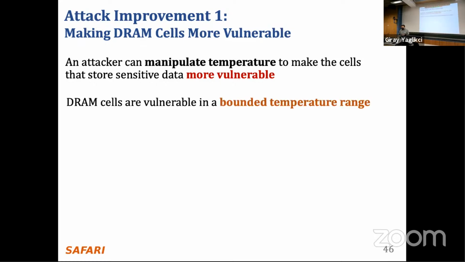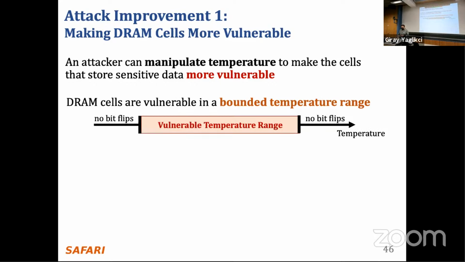We observe that DRAM cells are vulnerable to RowHammer in a bounded temperature range, and we call this the vulnerable temperature range, if you remember this figure, right? An attacker can exploit this characteristic.